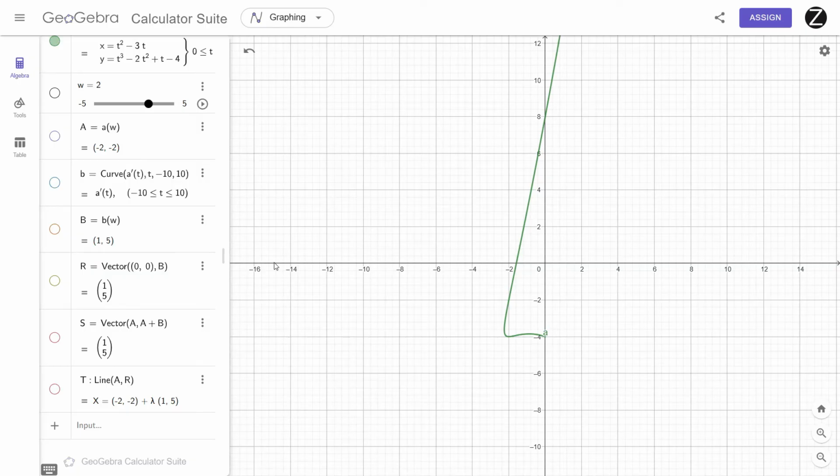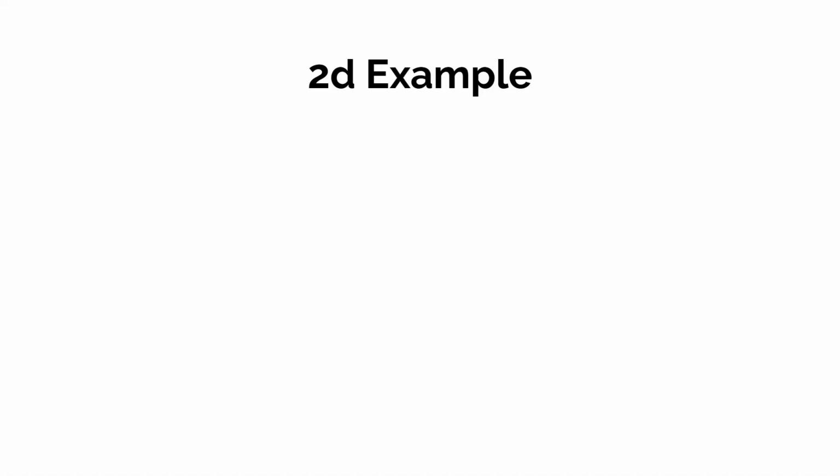So let's plot that point on our curve right now, and it will be listed here as point A. That covers the location of the particle, now specifically for the direction it's going in.